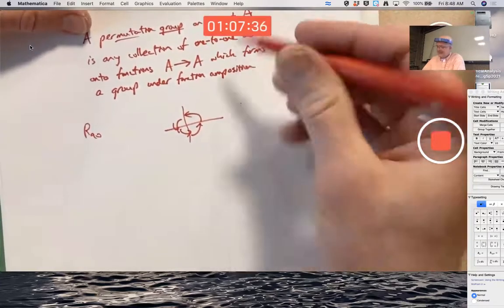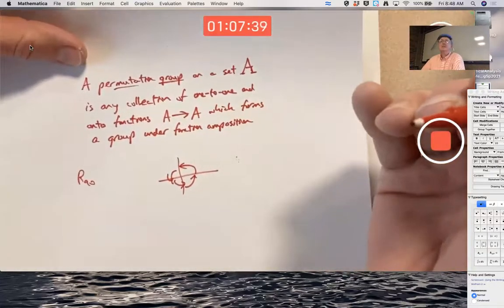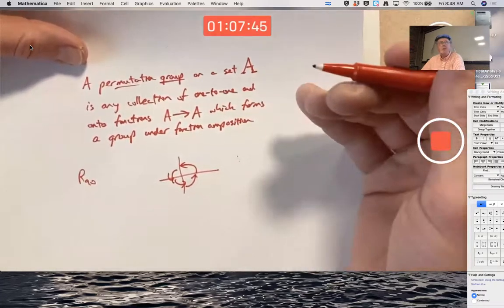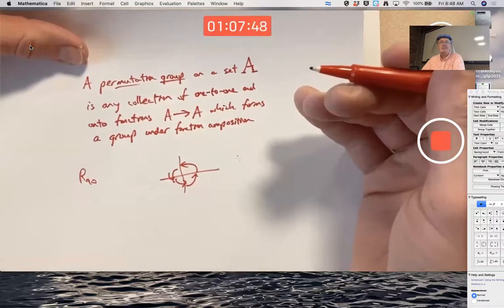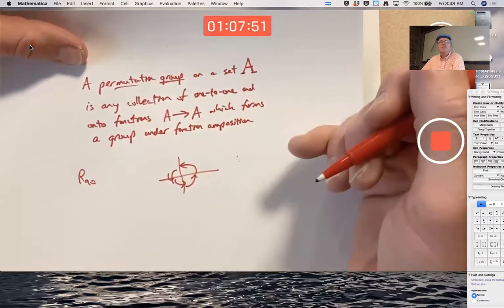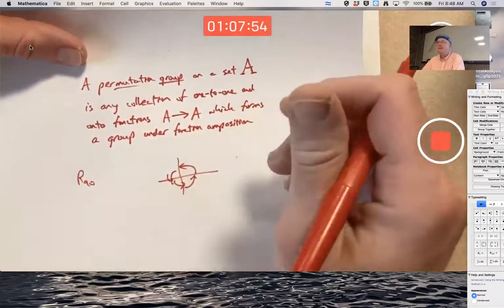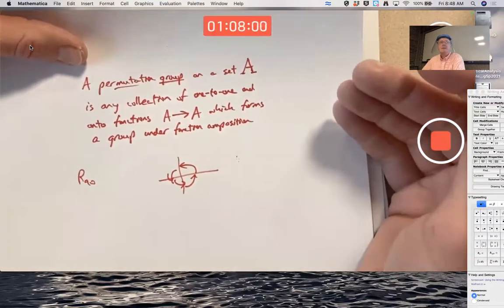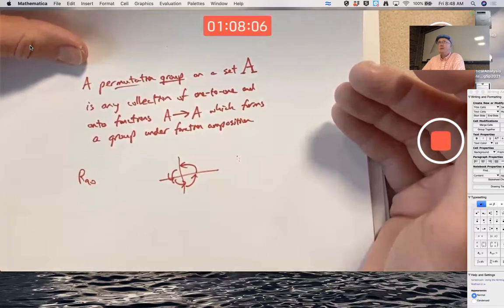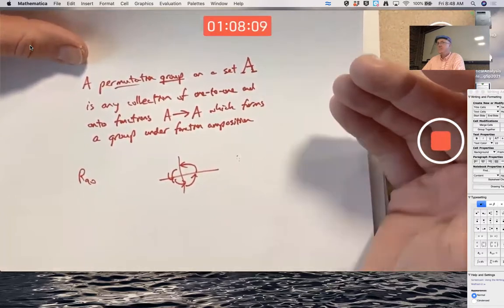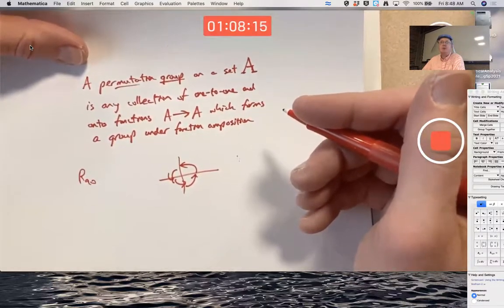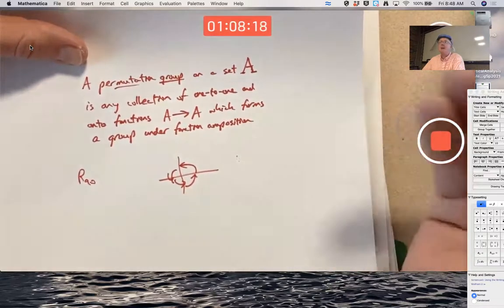In the case of the plane, A would be the entire plane. If focusing on the square, it would be all the points in the square. Those are infinite sets. But such functions, like a rotation by 90 degrees, are necessarily one-to-one and onto. Reflections are also one-to-one and onto. Say you think about D4, the symmetries of a square: that would be a set of 8 functions that could be thought of as permutations under this definition, forming a group under function composition, a permutation group. So this definition allows for that kind of example as well.